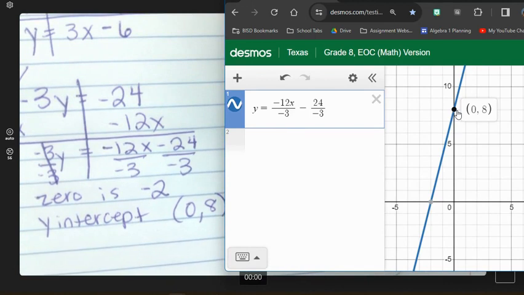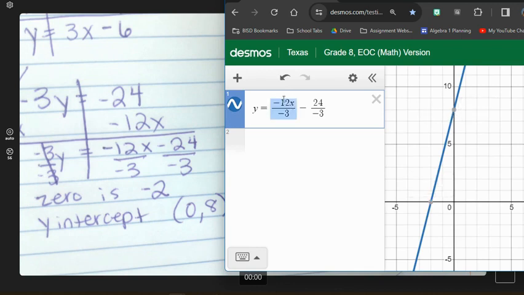Then we need our slope. So our slope is going to be, let's see, we can count from there to there if you want. You can do your rise over your run. So it starts at 0 and goes up 8 and goes over 2.